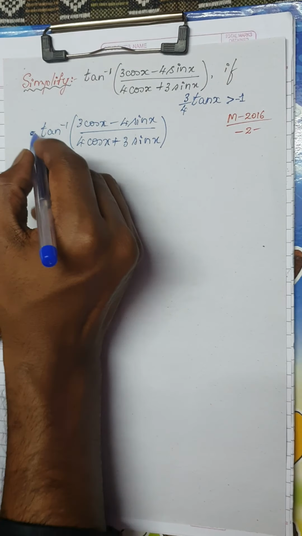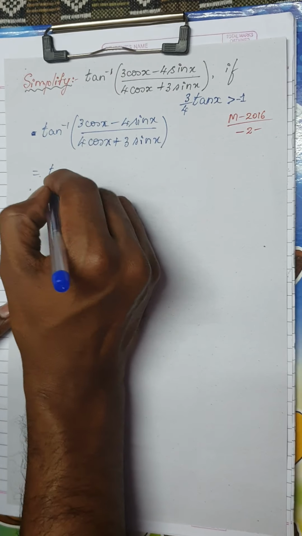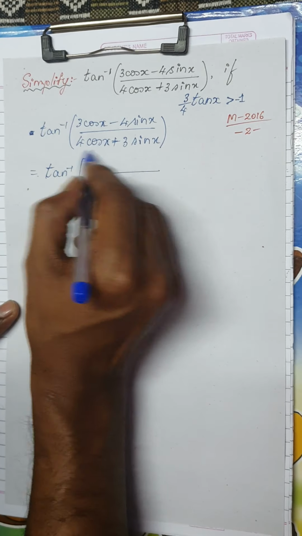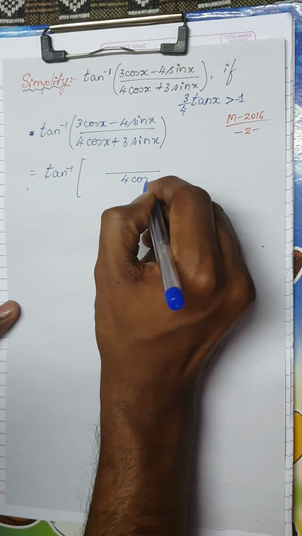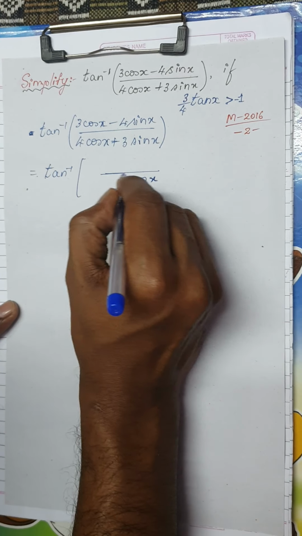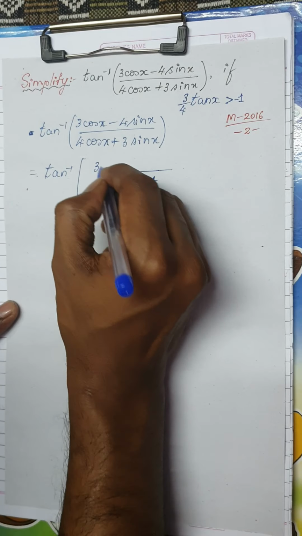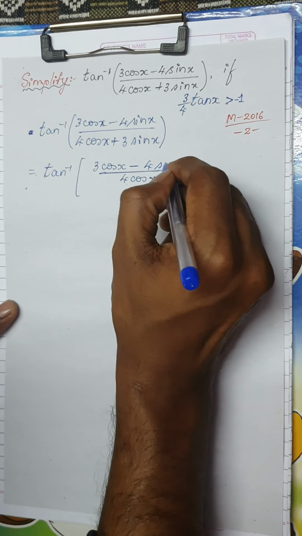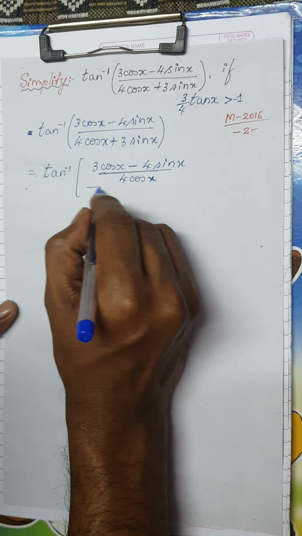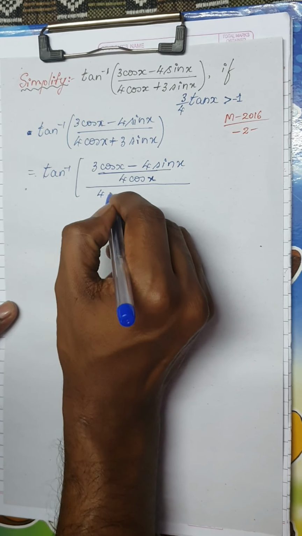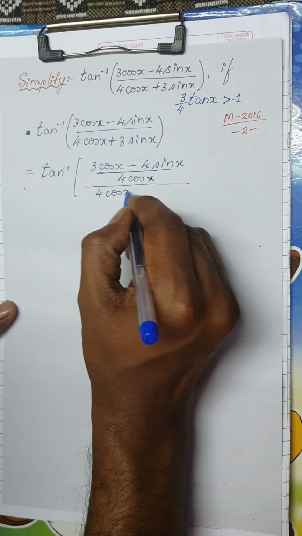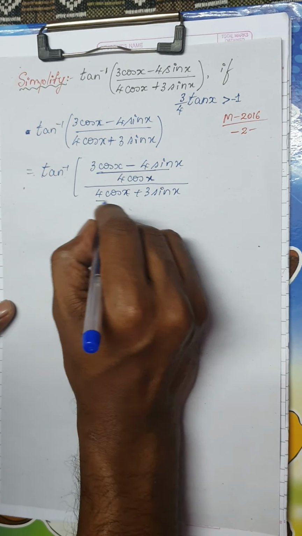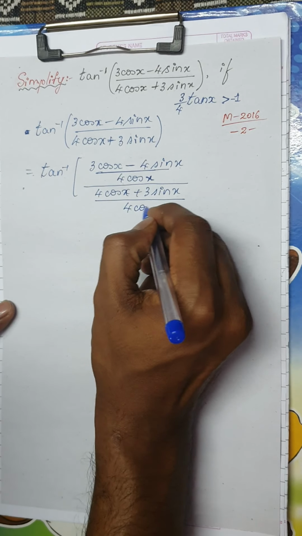Now let us solve. This question is nothing but tan inverse of, divide both numerator and denominator by 4 cos x. So if you divide by 4 cos x, I'll get (3 cos x minus 4 sin x) whole divided by (4 cos x plus 3 sin x) divided by 4 cos x.